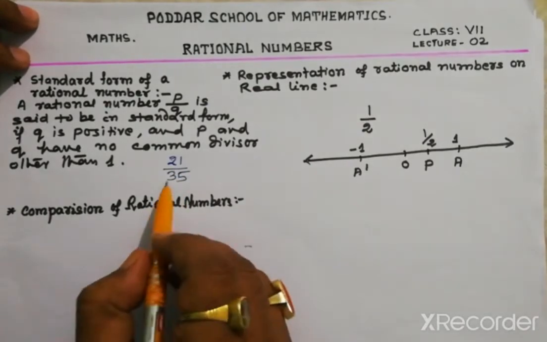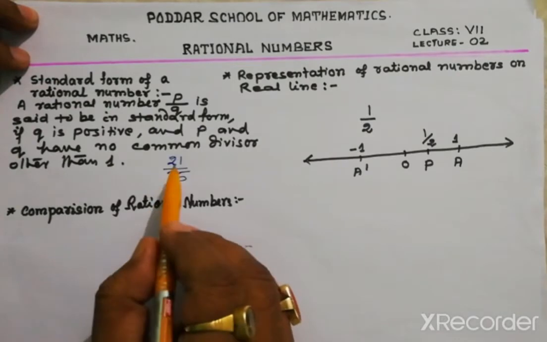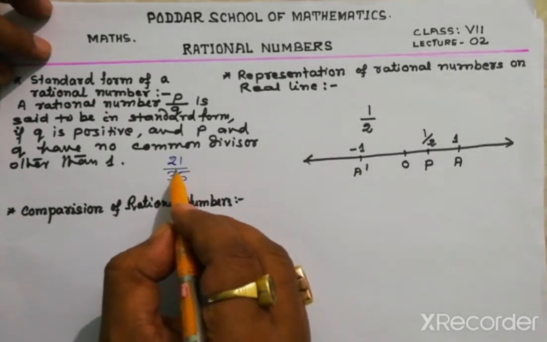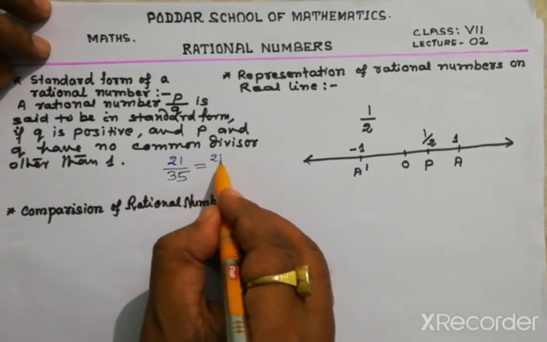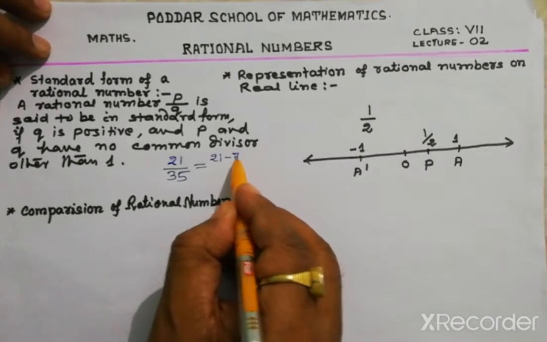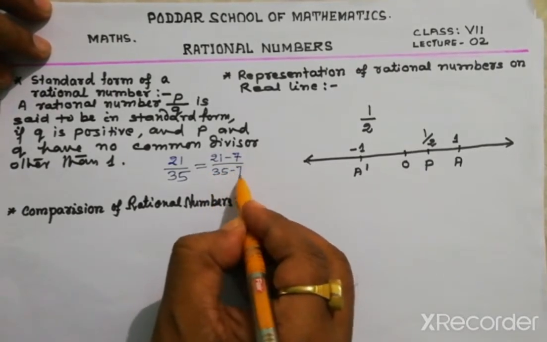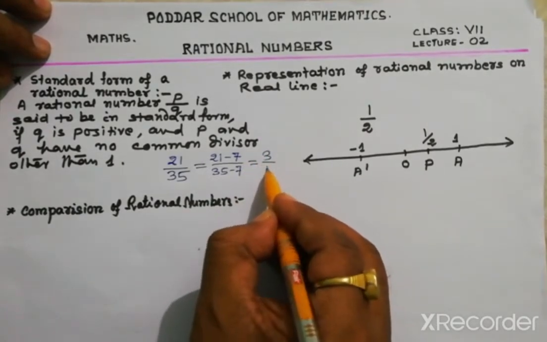But here there is a common divisor other than 1 of this 21 and 35, and the common divisor is 7. So divide by this common divisor in numerator and denominator, and we will get 3 by 5.